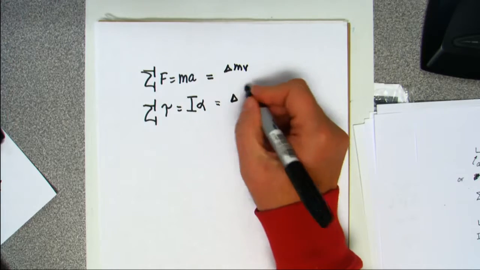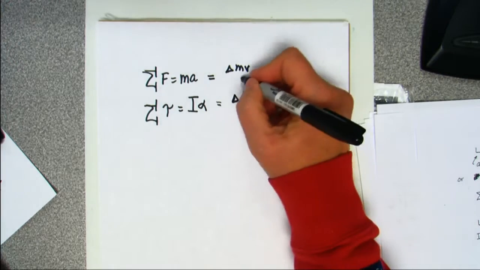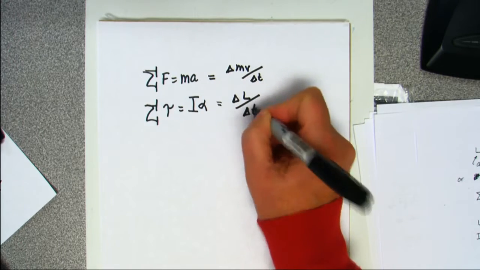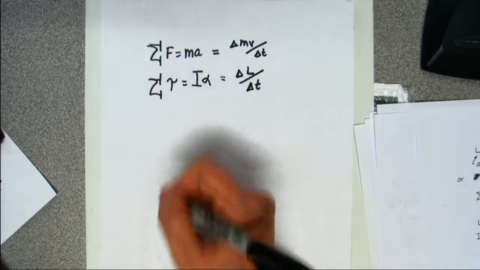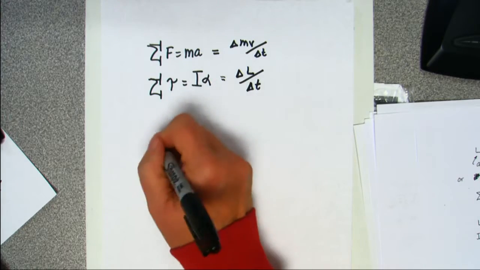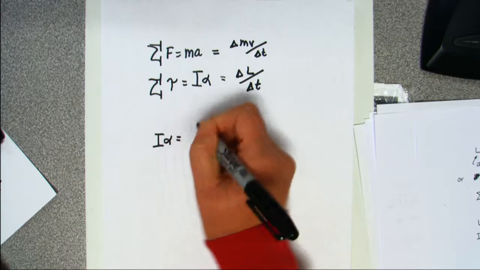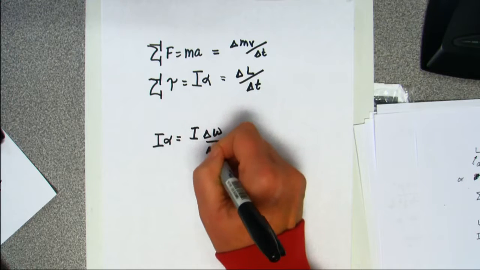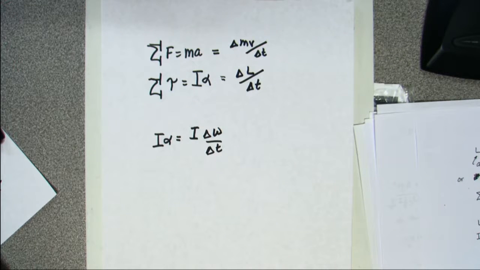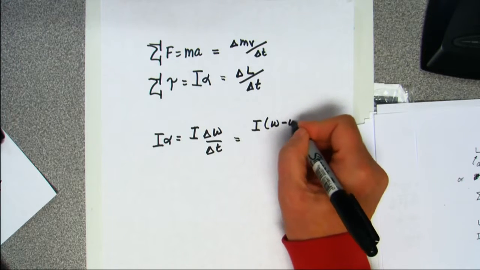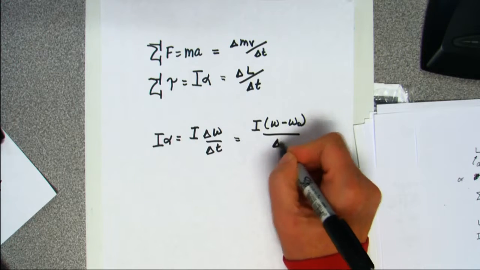Summation of torques is a change in angular momentum with respect to time. So if I do it this way, I get I alpha is equal to I times the change in angular velocity with respect to time, which looks like I times omega minus omega naught, with respect to time.